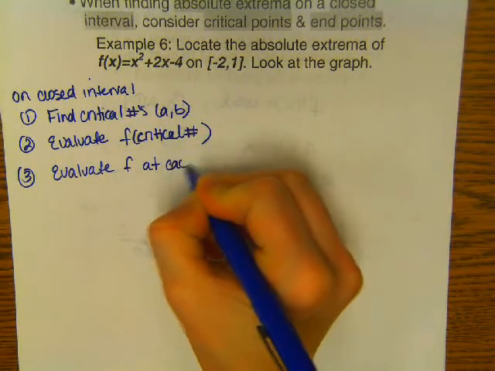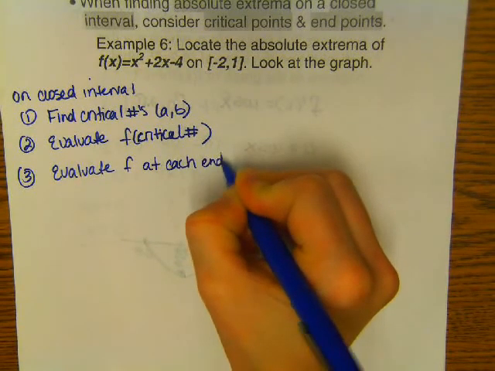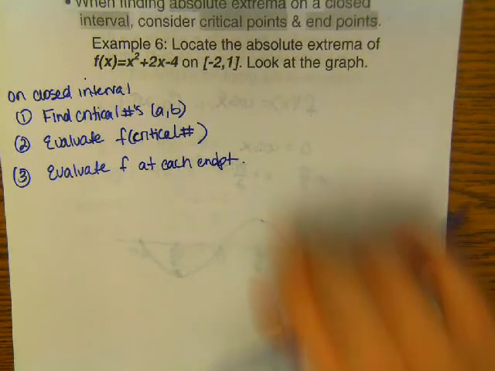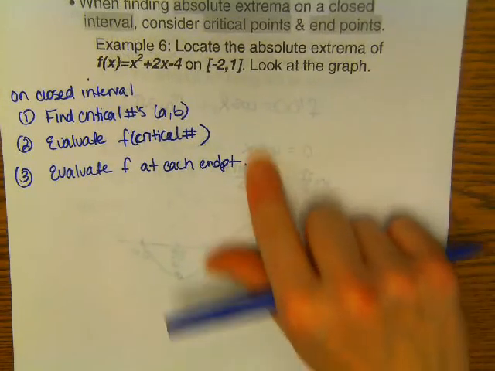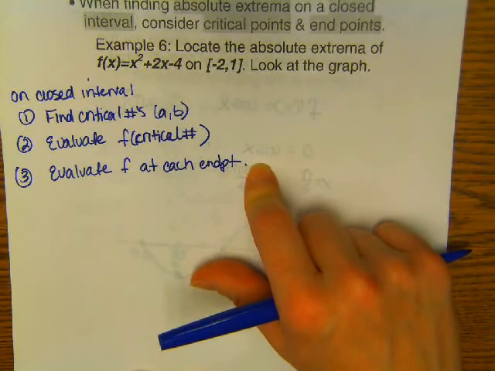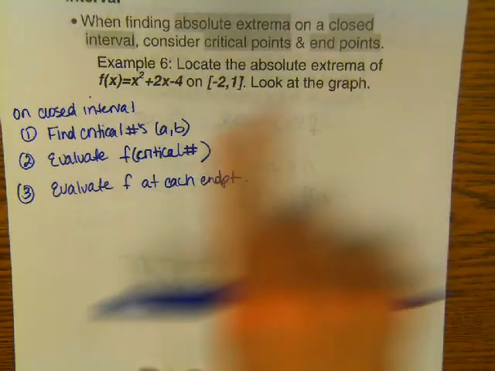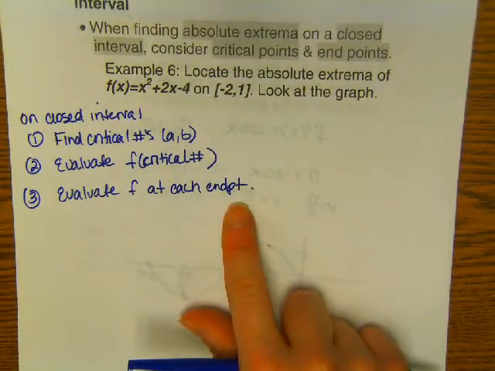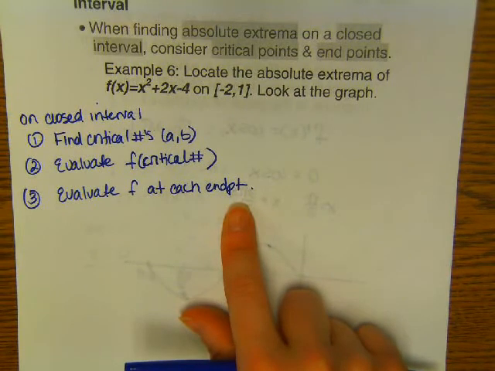Why do we need to do this? Because we talked about how sometimes endpoints could still be the max or the min. So the possible absolute maxes and mins are either critical numbers or the endpoints, and we need to test all of them. Alright, let's take a look at this one, and I'm going to model the 3 steps.